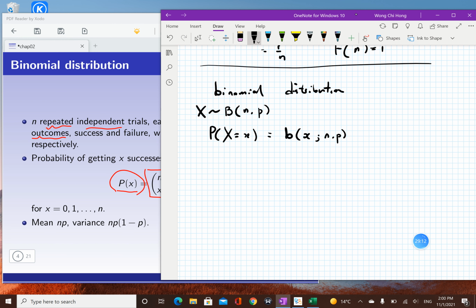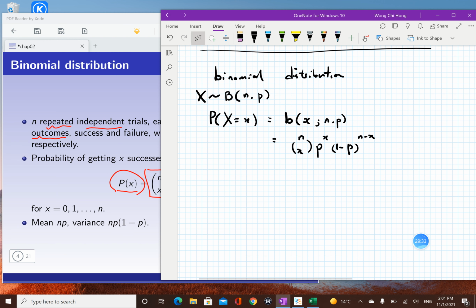Whatever you have here, it's the same thing: n choose x, p to the power of x, and q, 1 minus p, to the power of n minus x. You succeed x times, but that means you will fail n minus x times.